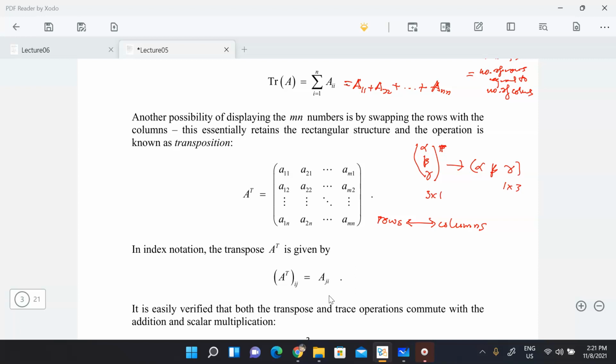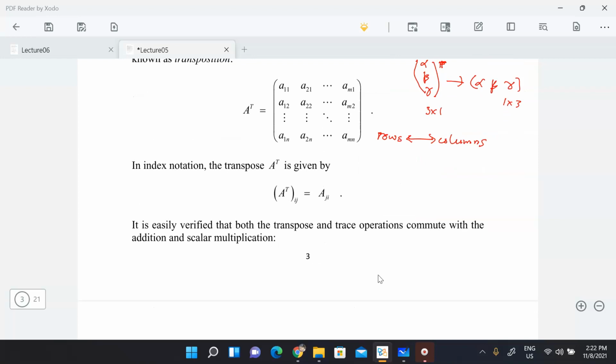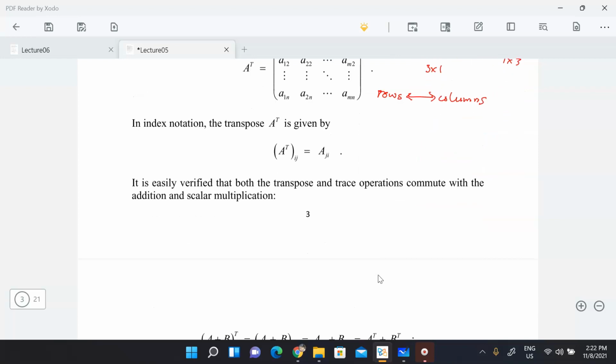So since column gets swapped into row, the column index over here becomes a row index, and your row index over here becomes a column index. Again, these are pretty simple things that one can actually do.